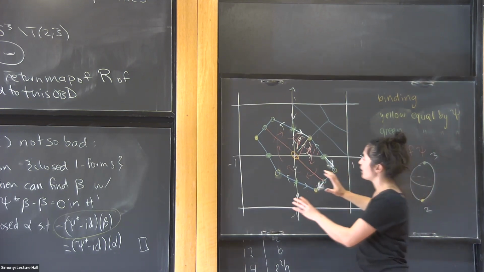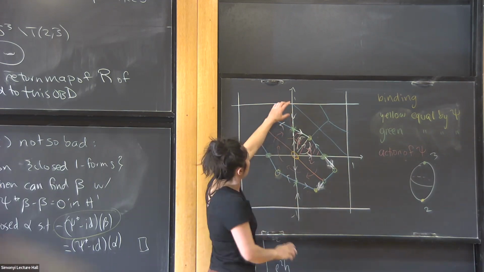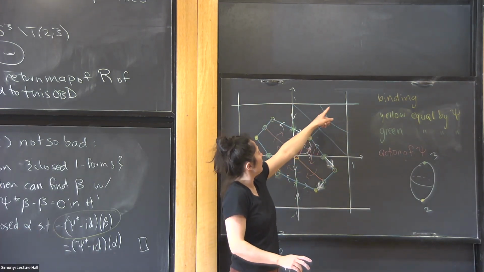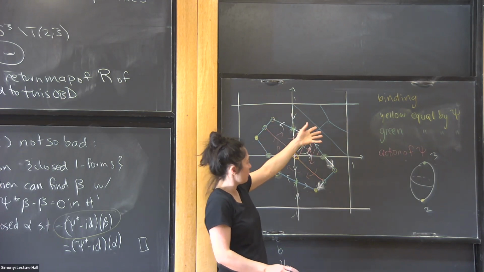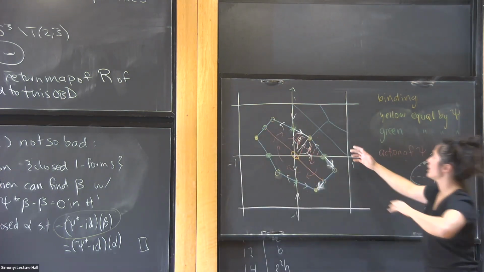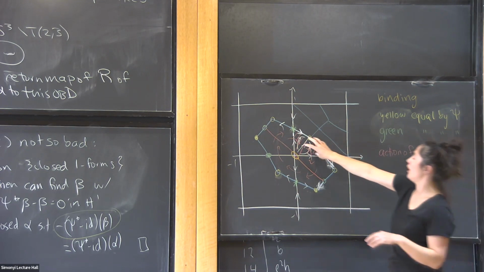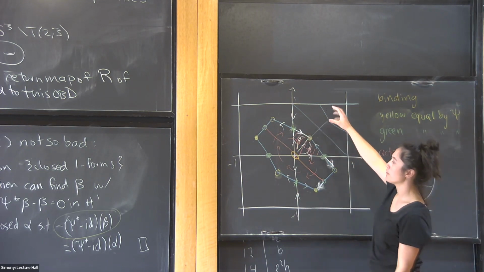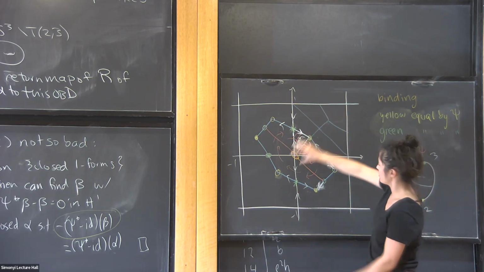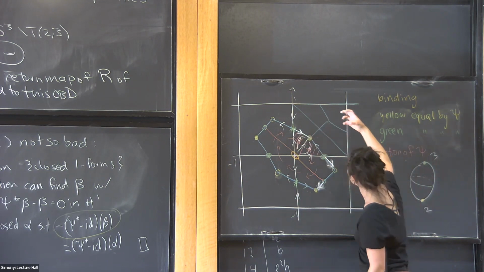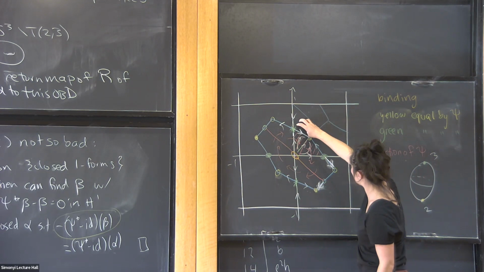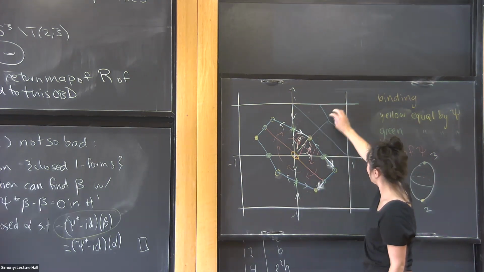One way to draw this without a hexagon would be if I just drew the square, which I can glue up to a torus, and then I'm trying to draw a fundamental domain of some symplectomorphism of that torus. It makes a lot more sense to see it as a hexagon, because this piece goes to this piece, which goes to this piece, then this piece, then this piece.